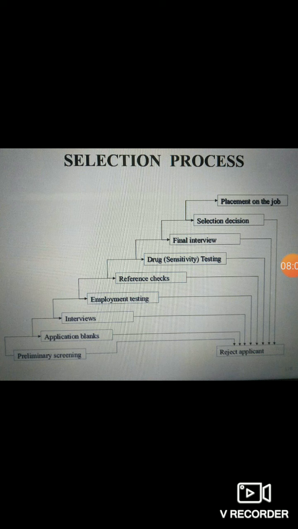So too much negative marking will automatically lead to the reject applicant stage, isn't it? So here also 10 to 15% we may reject at the minimum. If we are rejecting 10%, then there is a possibility of 40% rejection at this stage. So after the interview, we are taking the rest of the candidates to the employment testing stage.